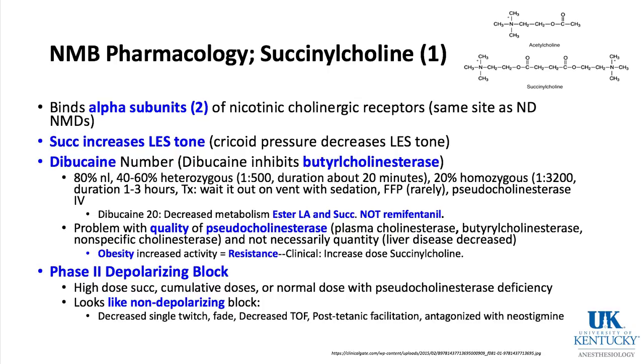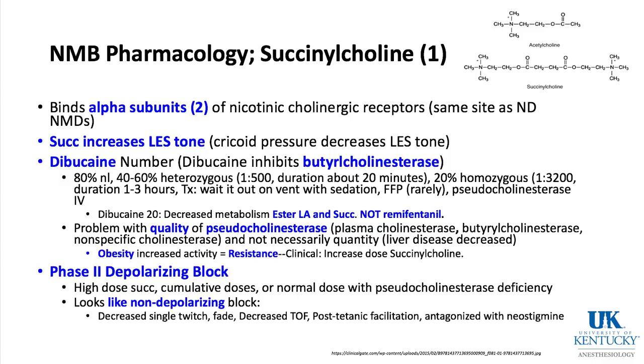If Dibucaine inhibits pseudocholinesterase only 20%, that's a Dibucaine number of 20, that's a homozygous variant, which occurs in about 1 in 3,200 people. Succinylcholine, if you give it to them, is going to last for hours. Now you can wait it out with the patient sedated, for example, with a propofol infusion, and ventilate them artificially until they recover.